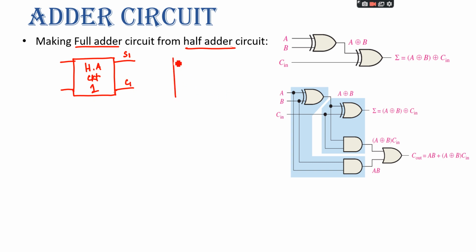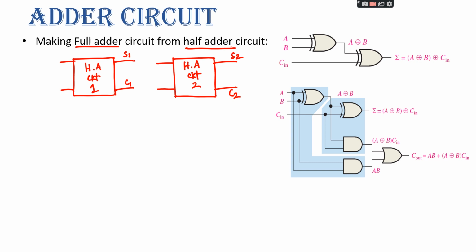Similarly, you will have another half adder circuit, half adder circuit 2, with another two inputs and two outputs, S2 and C2.